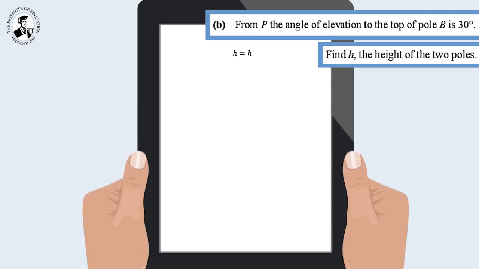In the second part of the question, we're asked to find the height of the two poles. Here we will say h equals h. Using our answers from part 1, we can see that 24 minus x multiplied by 1 over root 3 is equal to root 3 x. On the left hand side, multiplying by 1 over root 3 is the same as dividing by root 3.